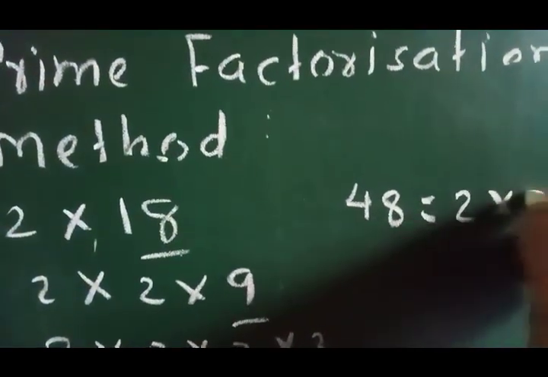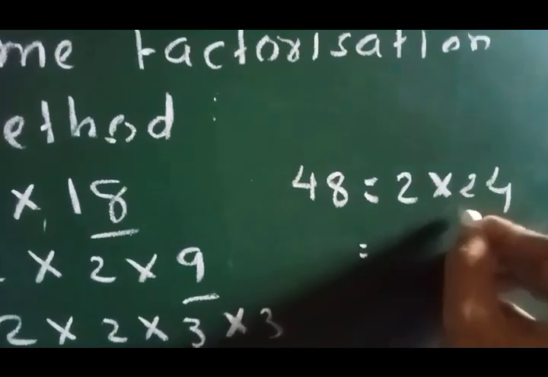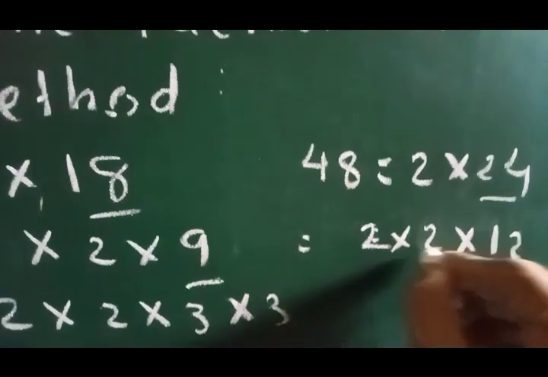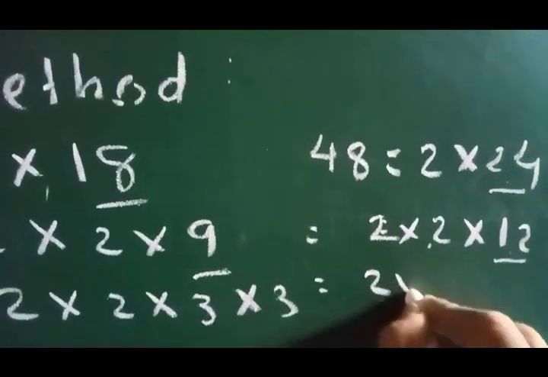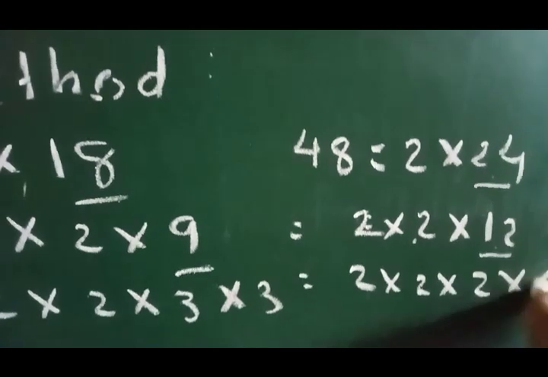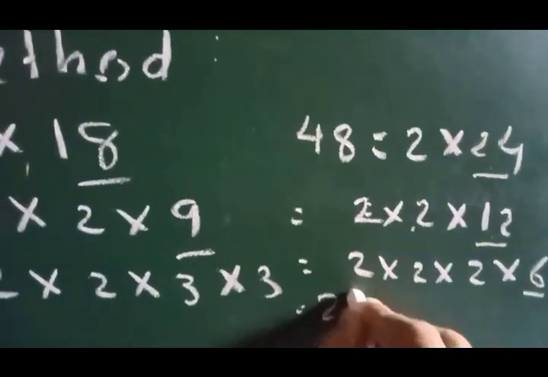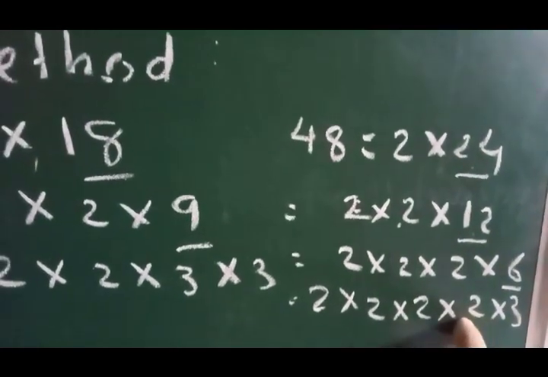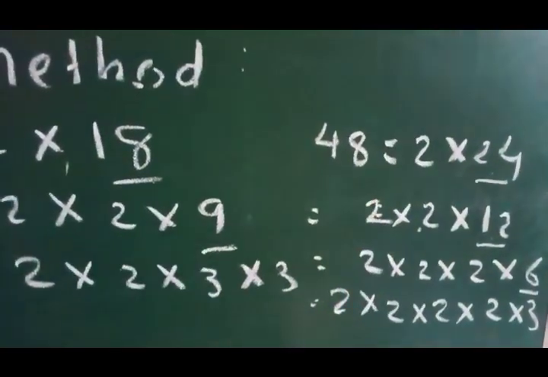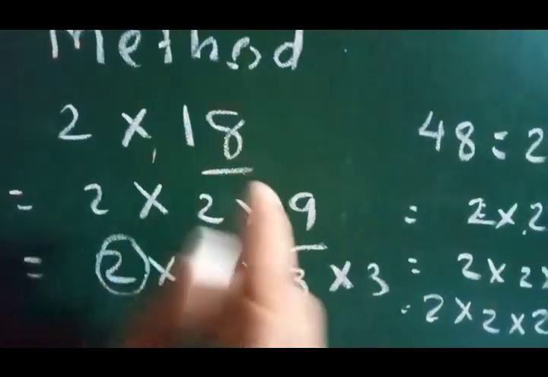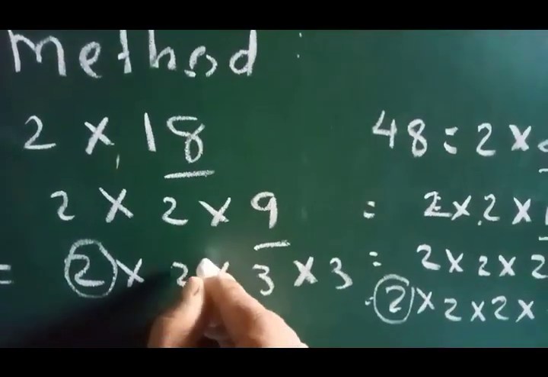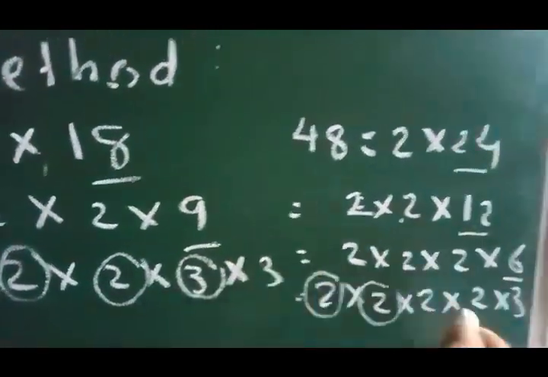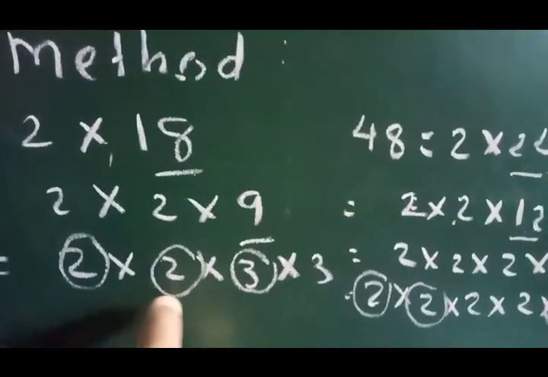First 2 times 24 is 48, 24 is 2 times 12, 12 is 2 times 6, and 6 is 2 times 3. So 48 is 2 times 2 times 2 times 2 times 3. Here the common factors are 2, 2 and 3.